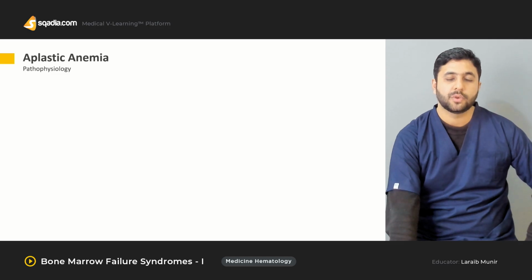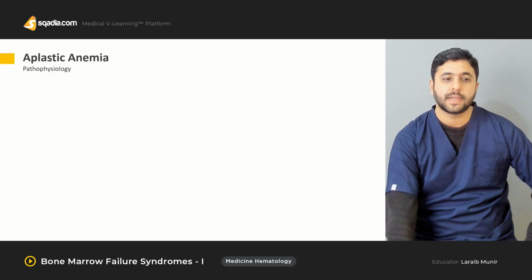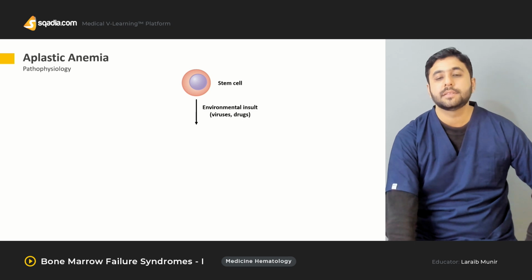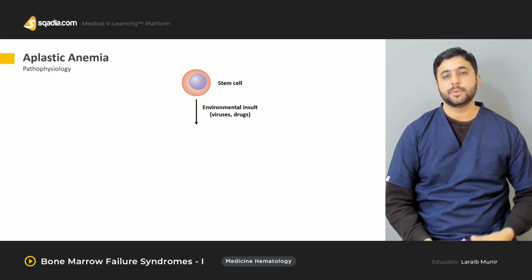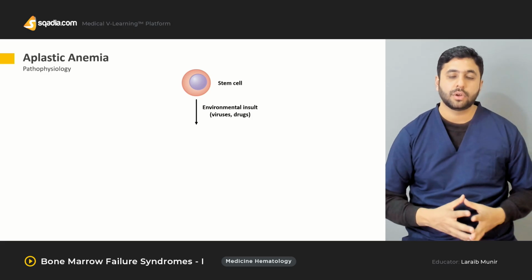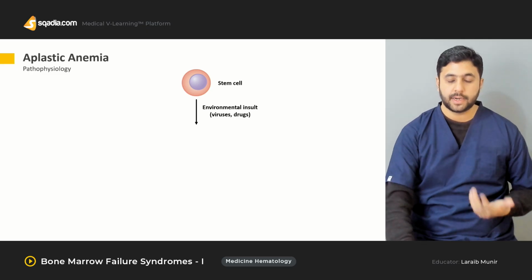What is the pathophysiology? What is the basic underlying process that has led to this development? If we go into the basics and talk about a stem cell, there is a certain type of environmental insult, for example viruses, drugs, or certain other disorders, like certain immune problems, that has caused an insult to the stem cell or damaged it.